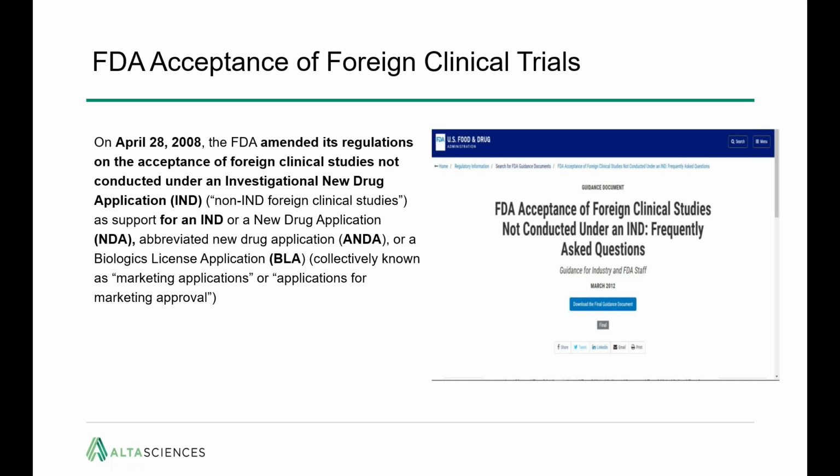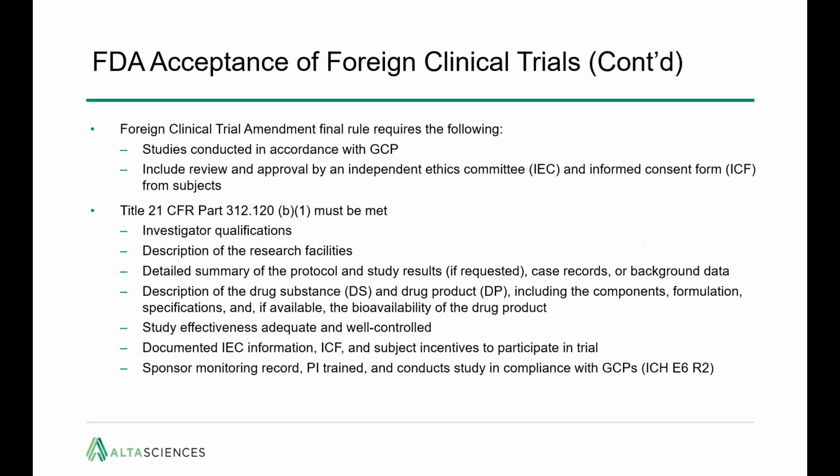The key to the acceptance is that the research institutions should comply with the ICH E6(R2) GCP regulations, and by complying with the GCPs, the requirements of foreign clinical trials will meet the regulations as specified by the FDA, 21 CFR 312.120. The points that should be considered are specified within the regulations, quite detailed in 7 specific items, as I've highlighted here on the slide.